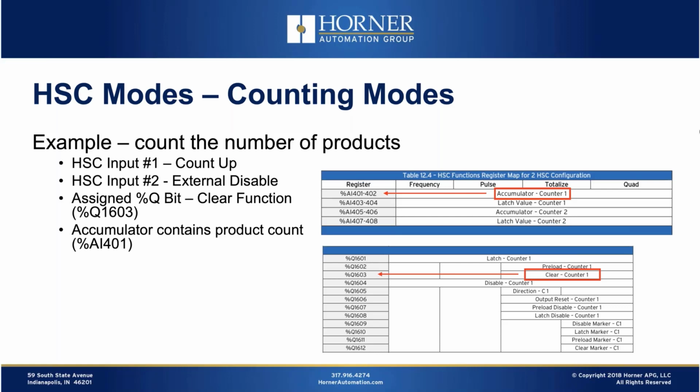It's a 32-bit accumulator. And my clear function that I'm going to perform in logic is Q1603. So by turning that coil on, I will clear my counter. Again, in the high-speed counter chapter in the user's manual for every product we sell, you will find all the details on the default memory map for the high-speed counter function.